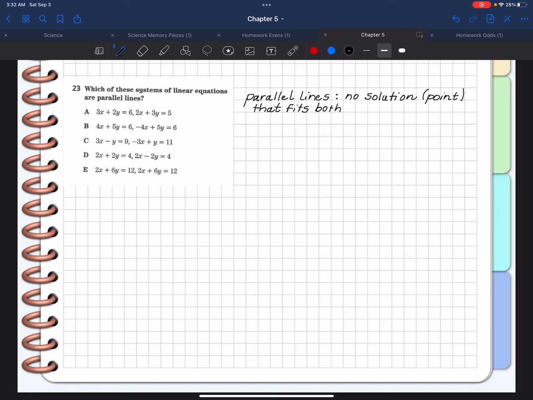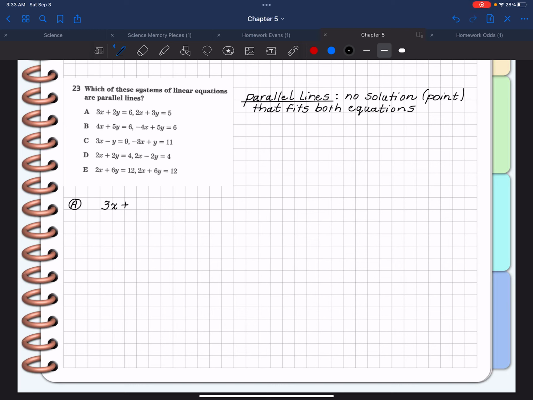Remember, on a graph, the solution is where the systems of equations touch each other. So a parallel line system will not have a common point. And that's the way I'm going to approach this one. I'm looking for the set of these lines that does not have a common point. So let's test them. And remember, we're studying the elimination method, so we're going to use that.